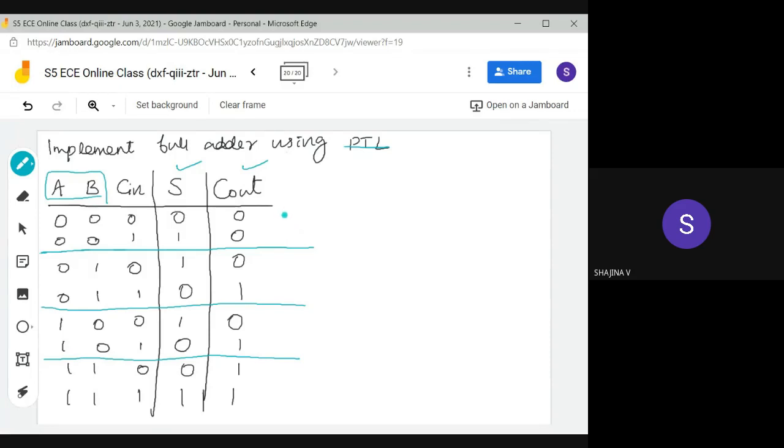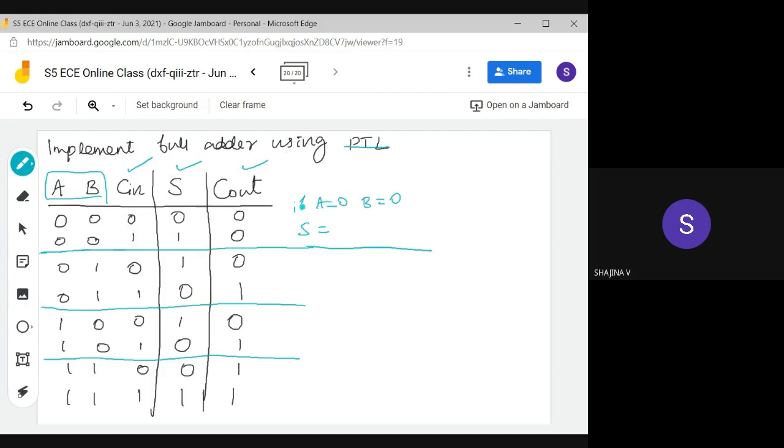That is, I can say if A equal to 0 and B equal to 0. In this case, what is the sum? I have to write the sum as a function of the input variable C in. When C in equal to 0, sum equal to 0. When C in equal to 1, sum equal to 1.